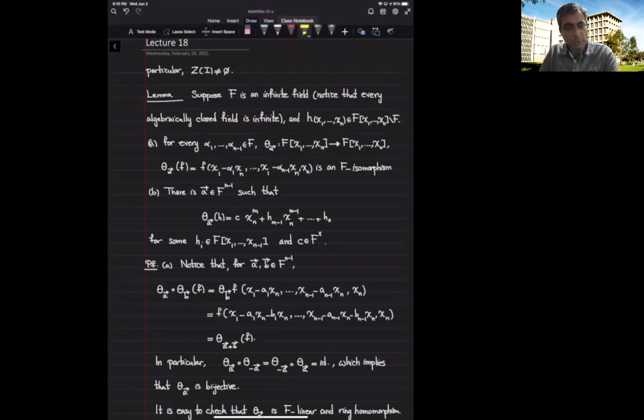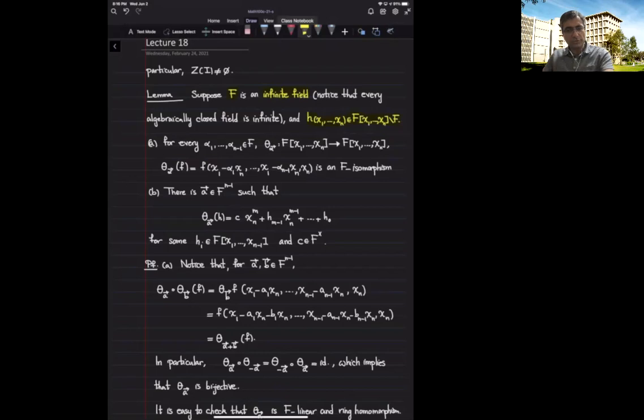Now I'm going to produce automorphisms of the ring of polynomials in n variables that are essentially coming from linear maps. So I'm going to change the coordinate system of F^n from x sub i's to some linear change of x sub i's, and then plug that into the polynomial f. Okay, let's make it concrete. So suppose I've given you this infinite field, and I've given you this polynomial h that's not constant.